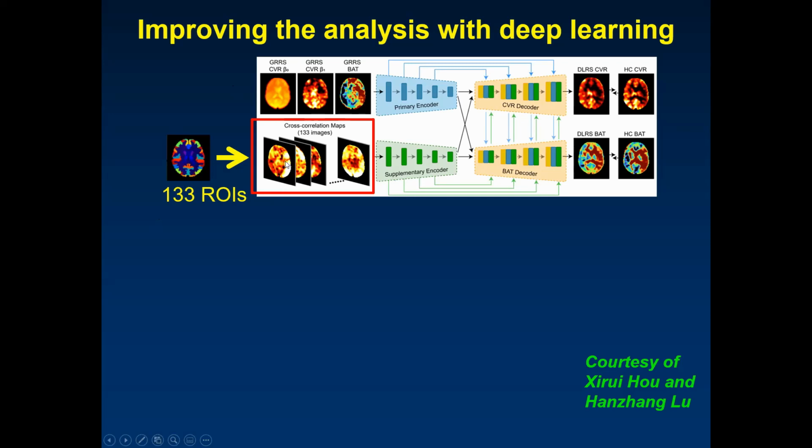Then they got 133 cross correlation maps, which were put into the UNet architecture as supplementary inputs. The output is the deep learning calculated CVR and BAT, and they compared these two maps with the CO2 CVR and CO2 BAT to improve the network.